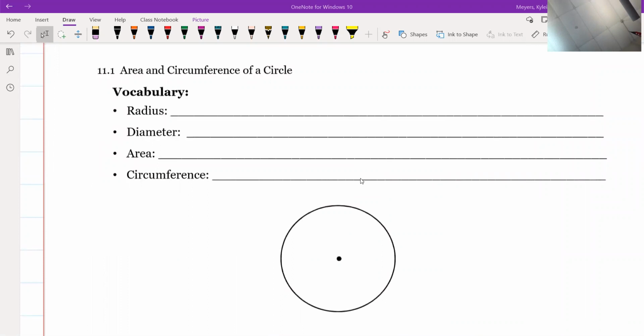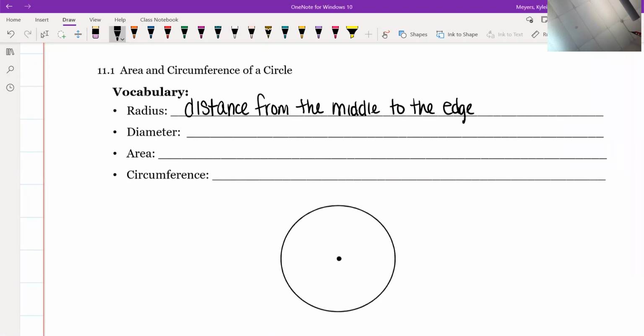So the radius is the distance from the middle of the circle to the edge of a circle.